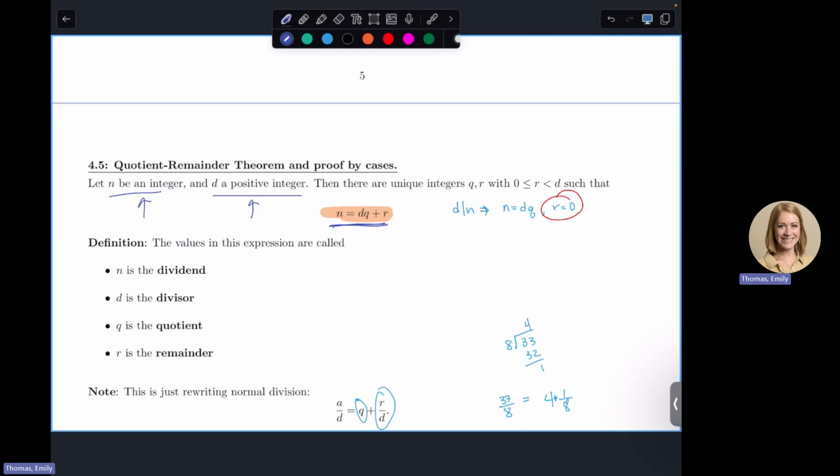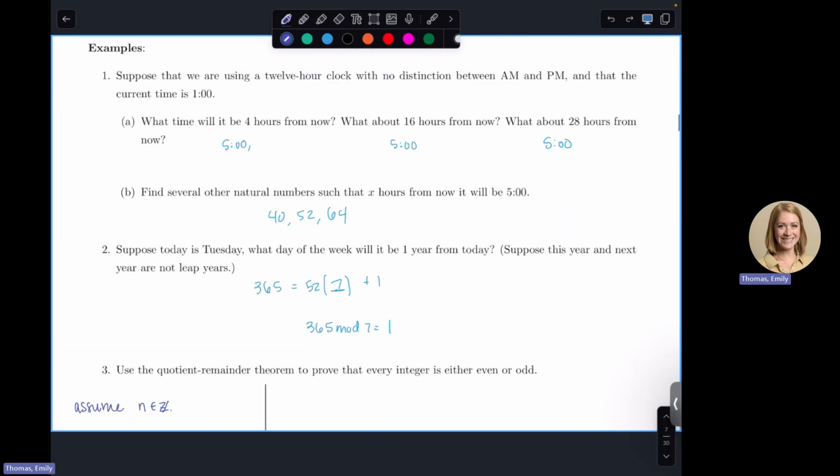If we have chosen d to be 2, what do we know? R is either 0 or 1, because r is also an integer that is greater than or equal to 0 but less than 2.